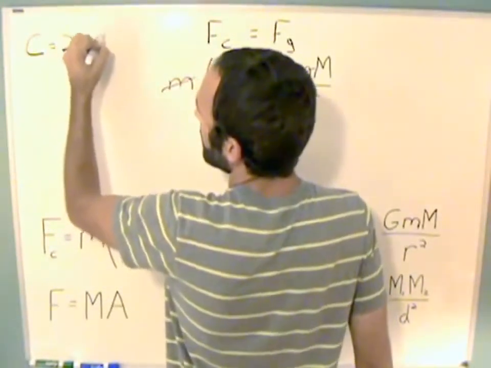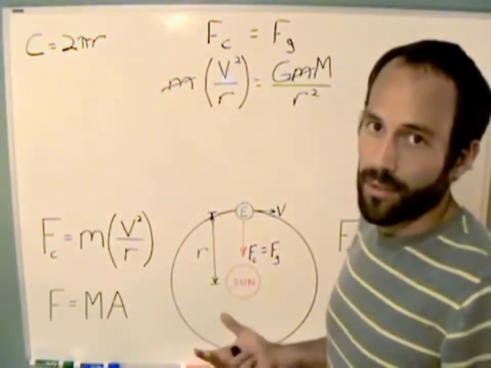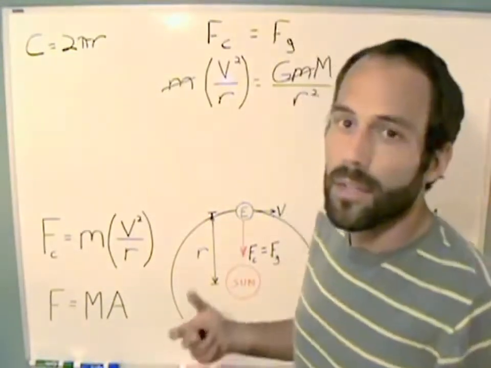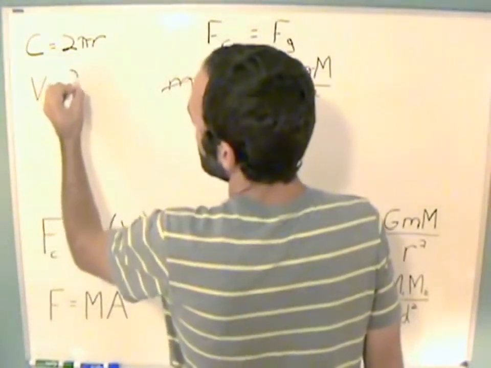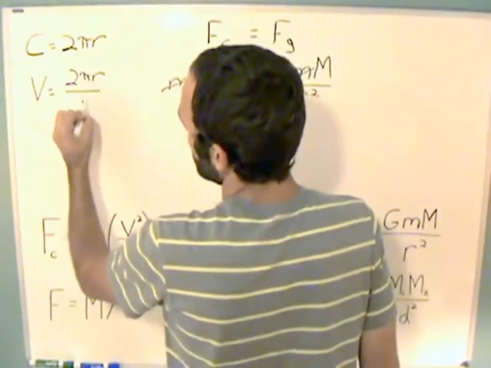Okay? So they already knew the distance, so they can figure out the velocity, because velocity is really distance over time. So what they can do is say that velocity is equal to 2 pi r, and we'll call it over big T.